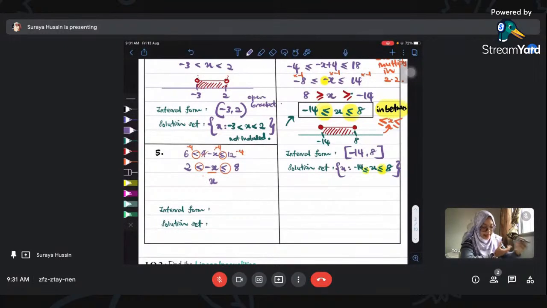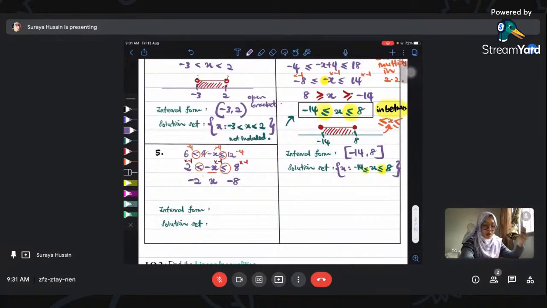Now you want to eliminate the negative, so you multiply by negative 1 on the left and the right. So you will get here negative 2 and here negative 8.